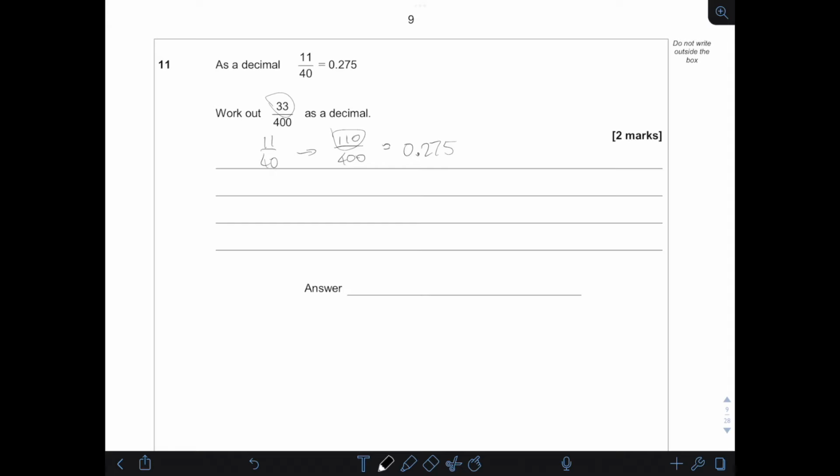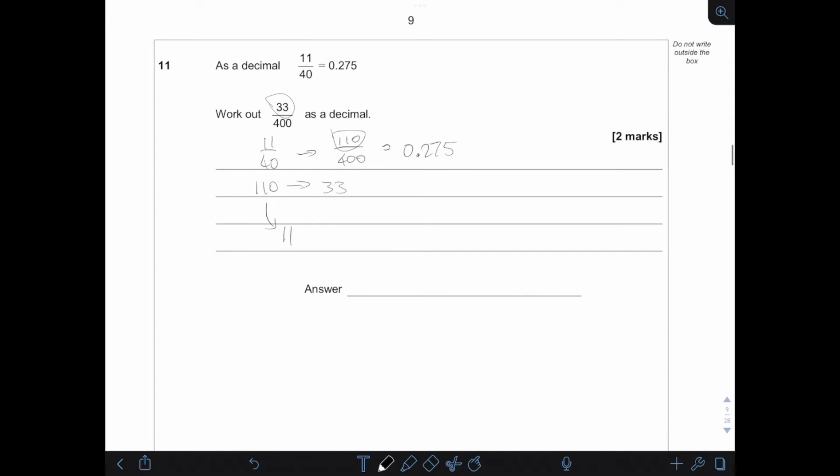And we know that we can get from 110 to 33 by dividing by 10 to get to 11, and then multiplying by 3 to get to 33.